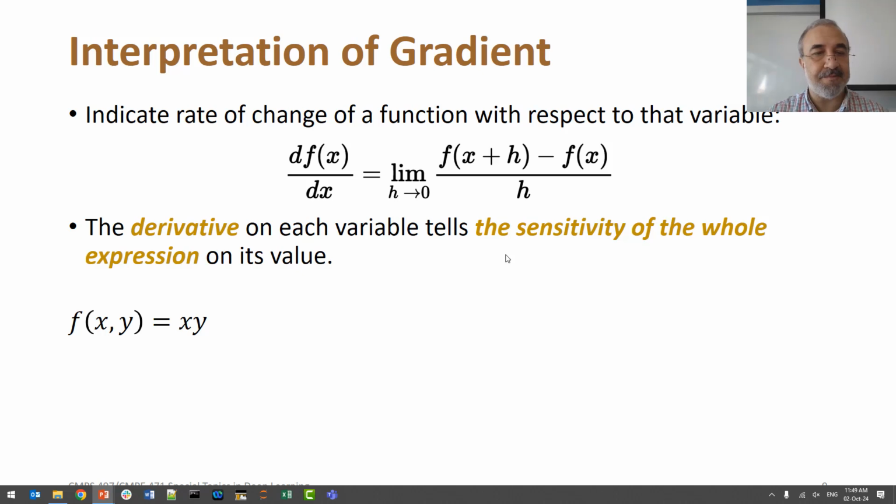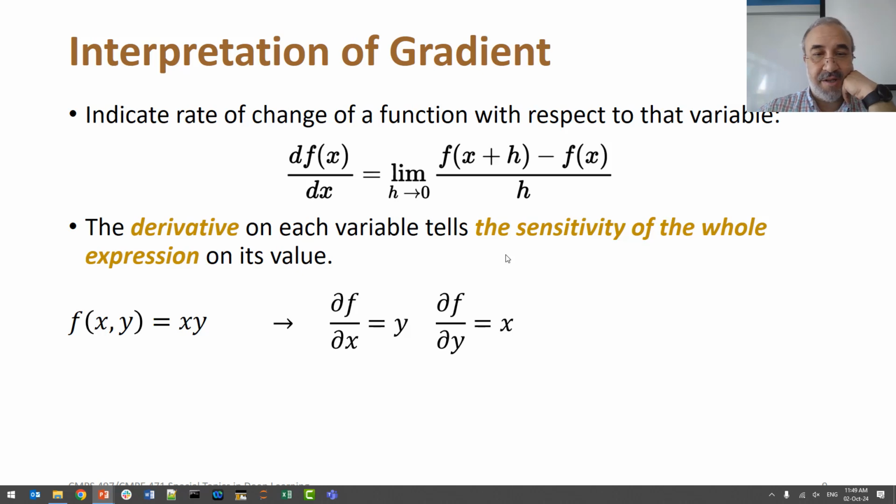Here's an example. If the function of x and y is x times y, what will be the derivatives? What is the derivative of the function with respect to x? It's y, right? What is the derivative of the function with respect to y? X. What does that mean?